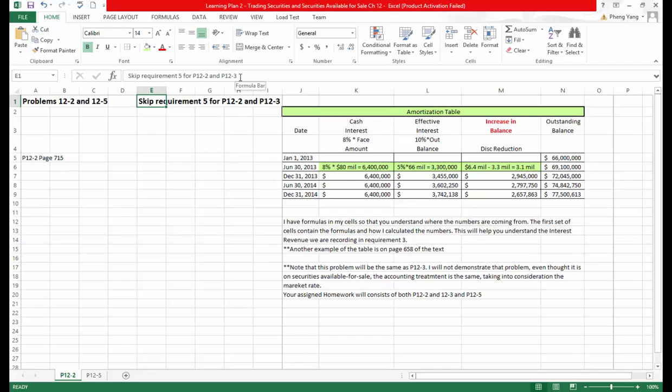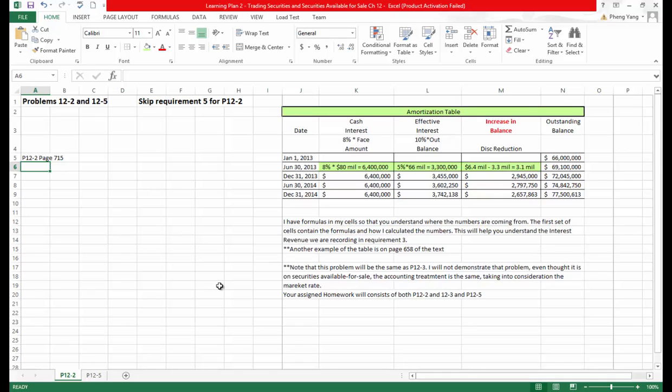Just a reminder that if you are doing the practice homework for 12-2 and 12-3, you can skip requirement 5. If you want to do it in the practice homework, you may go ahead, but I took it out for the assigned homework.